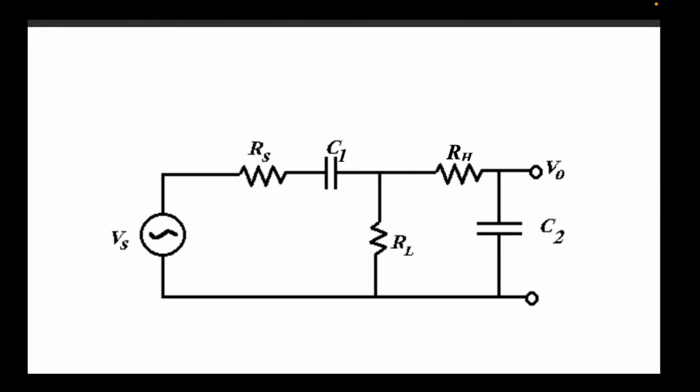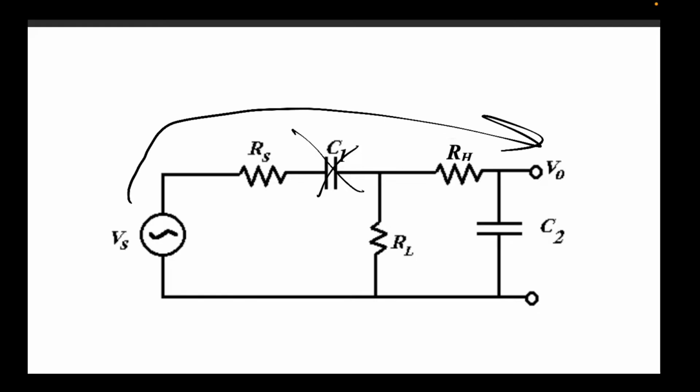So if this capacitor was opened, there's no signal going into the output. So you can already imagine that the start of this graph would be increasing. And at high frequencies, this would also be opened, but C2 doesn't really matter in that case.